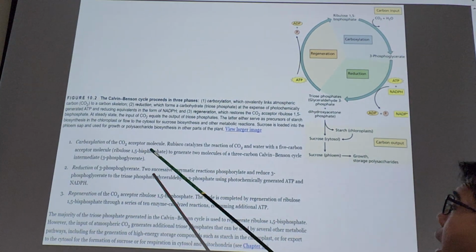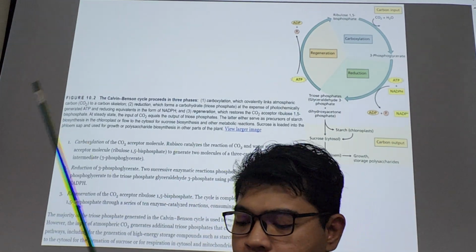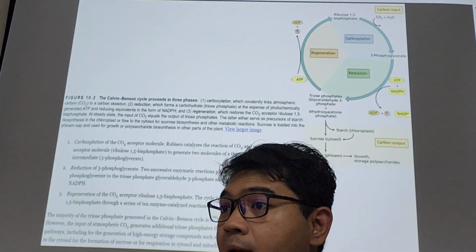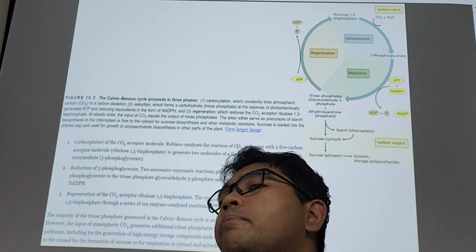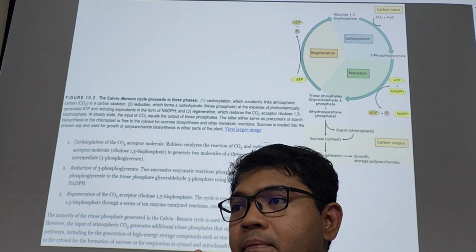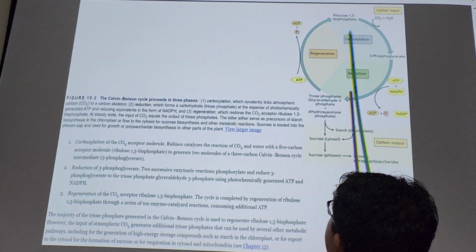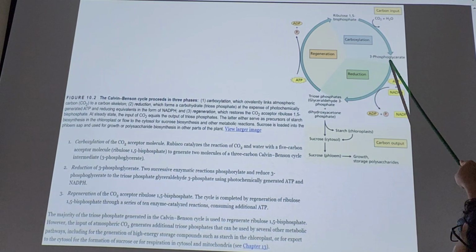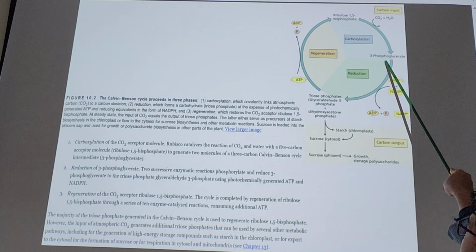This sugar molecule comes together with CO2, not in the form of gas but in the form of liquid. The liquid CO2 fuses with it by the power of a catalytic enzyme called Rubisco. That is the carboxylation.